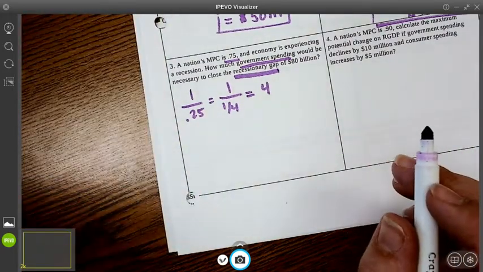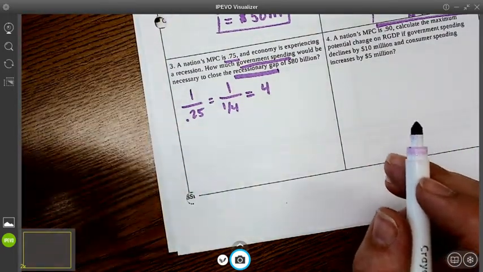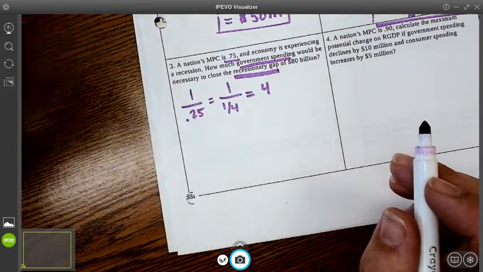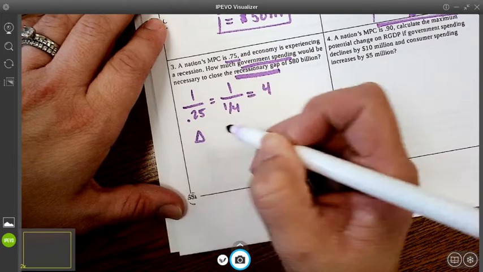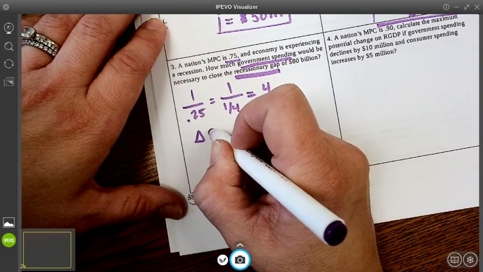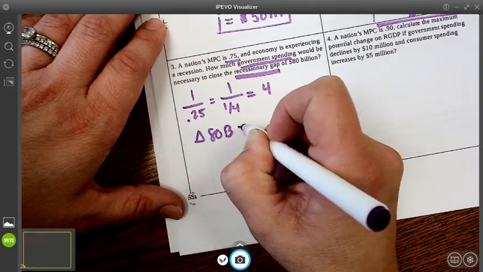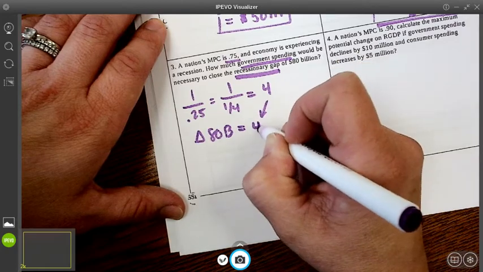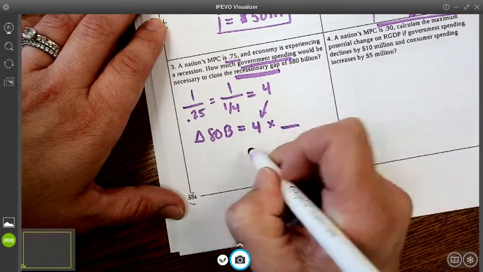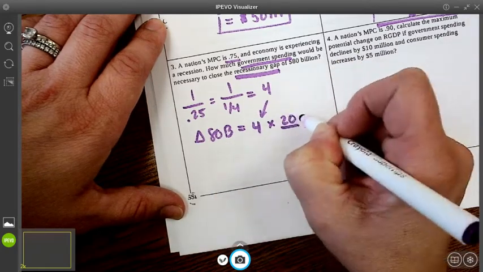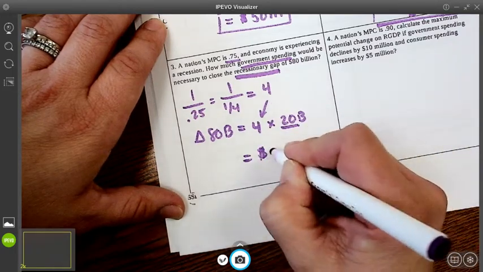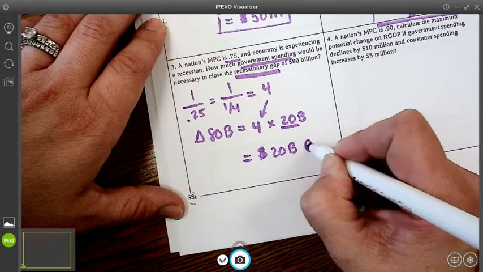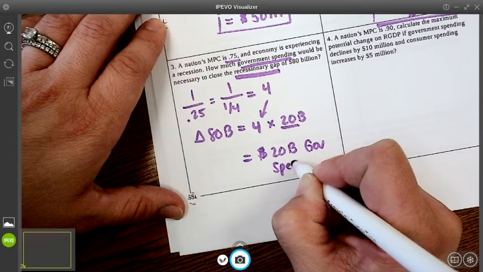But this means that the economy is in a recession and we need to have $80 billion worth of GDP growth to close that recessionary gap. So the change in GDP is already $80 billion, and that equals the spending multiplier, which is 4, times what? Well, 4 times 20 billion works out nicely there. So your answer is going to be 20 billion of government spending for number 3.